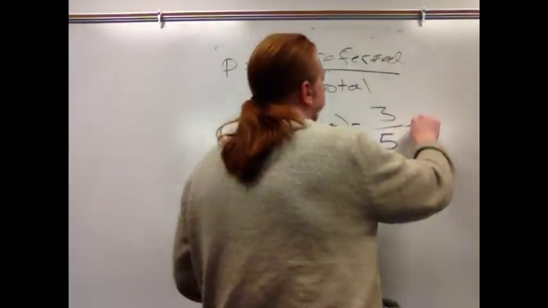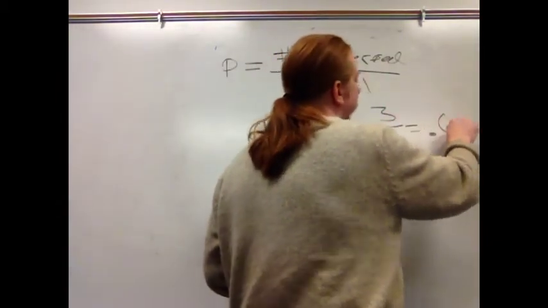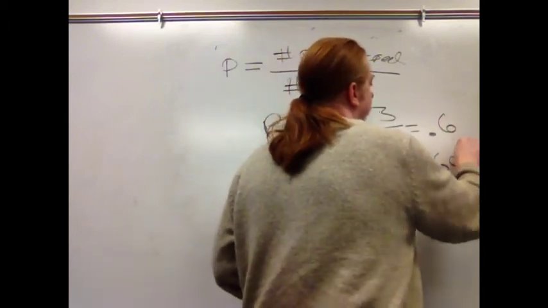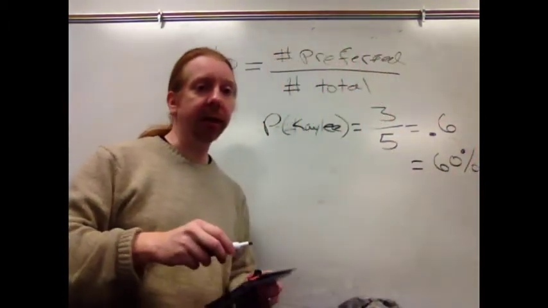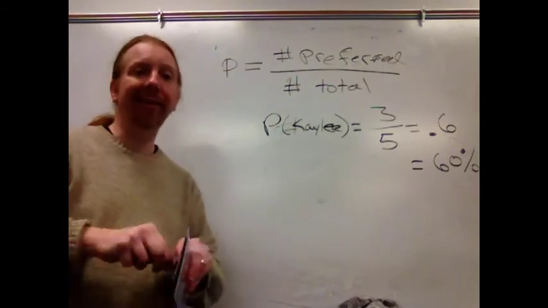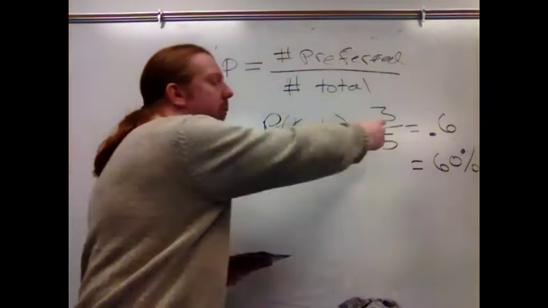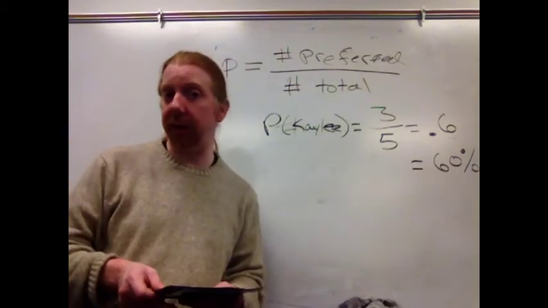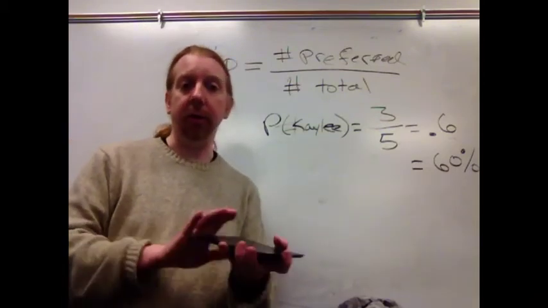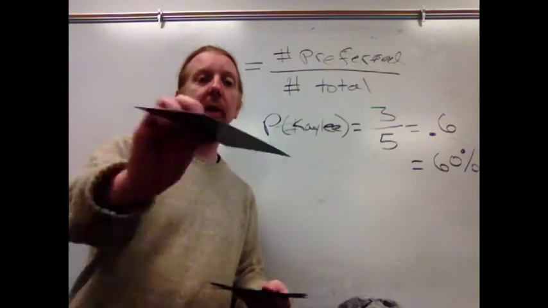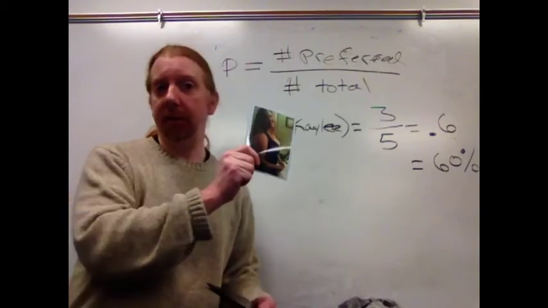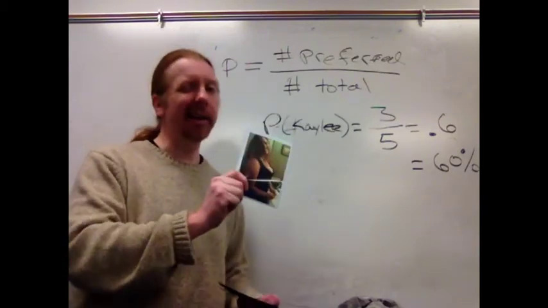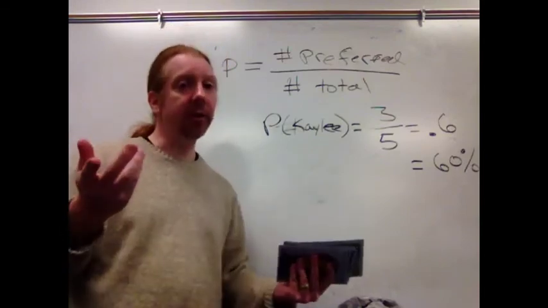So again, decimal and percentage. It's a 60% chance. 0.6 would be the decimal equivalent, and my fraction is 3 out of 5. So if I were to take my deck and randomly draw a picture, lovely wife, not little girl, which is also going to happen.